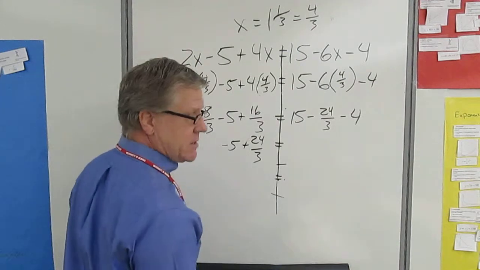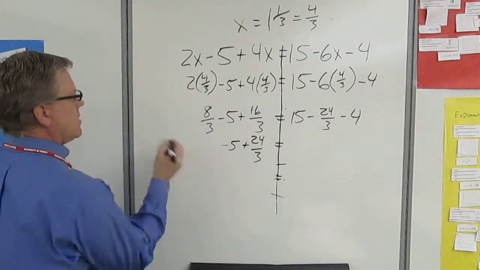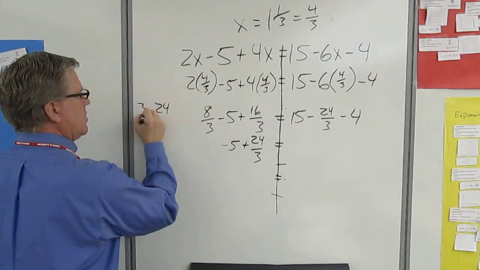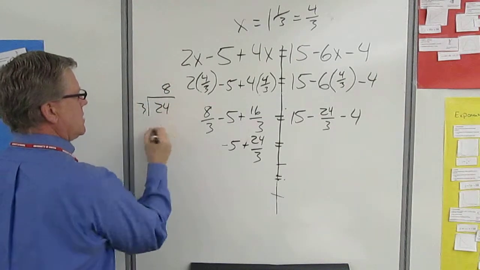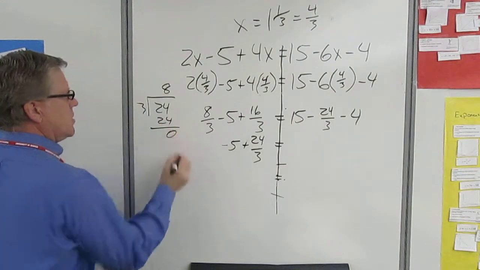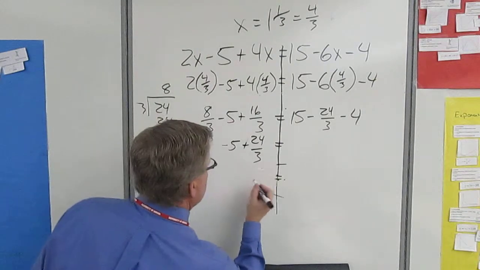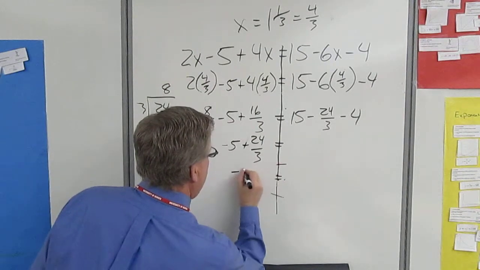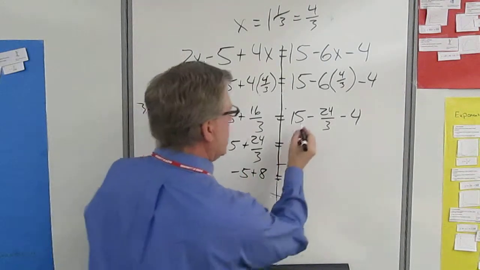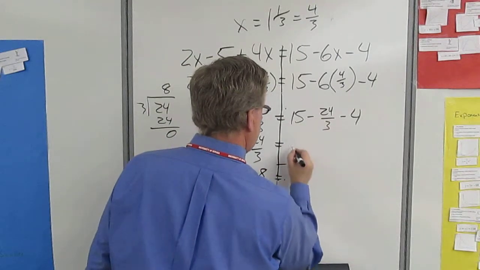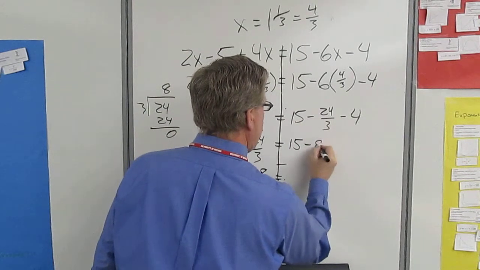Is that the same as 8? 24 divided by 3? 8. Okay, 24/3. So we've got negative 5 plus 8 over here. And over here, we've got 15 minus 8 minus 4.